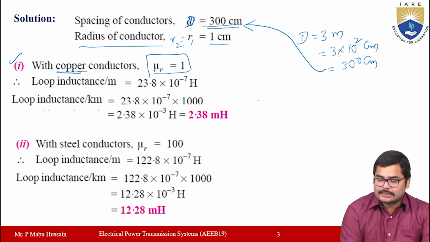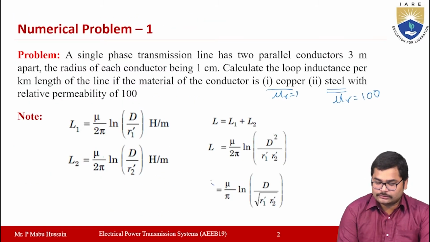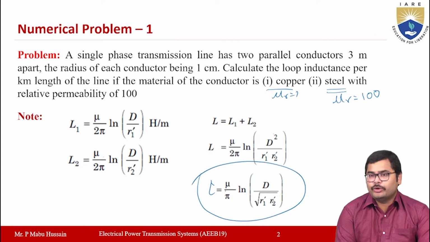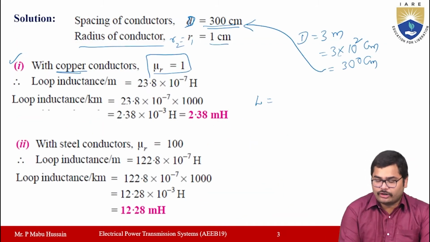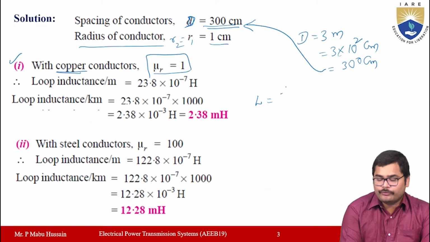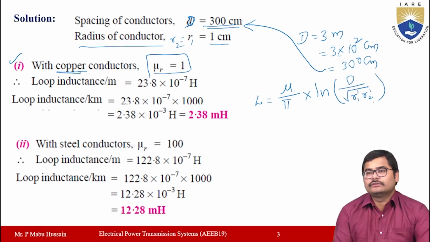So the loop inductance equation L will be according to this equation. L is equal to mu by pi into ln d by under square root r1 dash into r2 dash. That equation you have to take here.